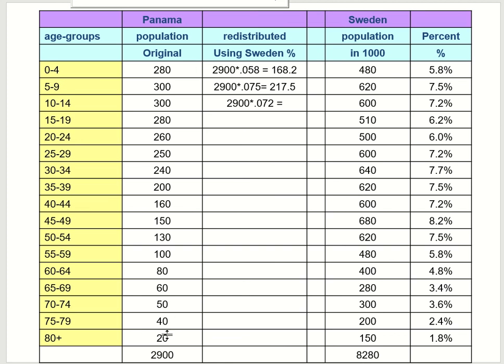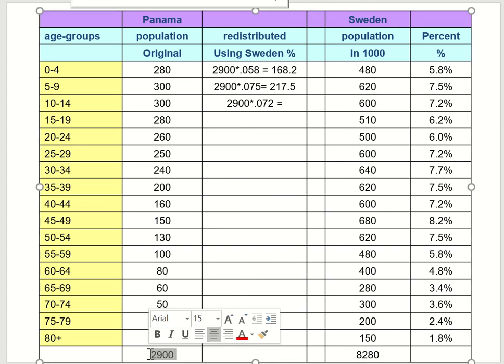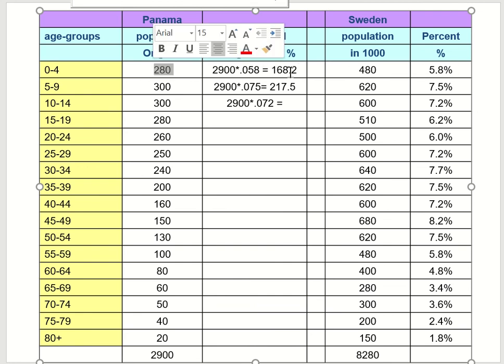So I take the total population in Panama and multiply it by the percentage of Sweden to get the values for Panama, so that Panama starts looking more like Sweden. Instead of having 280,000 in that age group, now I'm going to have 168,000.